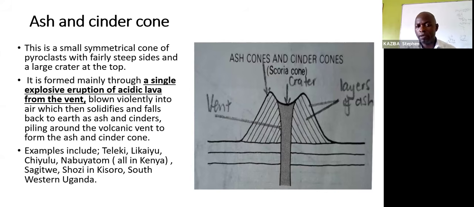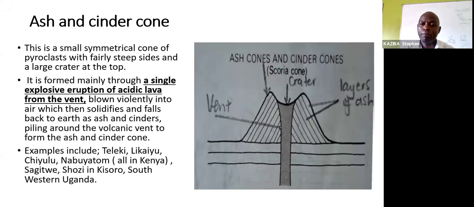Nature of passage, vent. Number of eruptions, single. Nature of eruption, explosive. Nature of material, acidic lava. And it is blown out violently into the air. So the material gets out of the ground into the air, then it comes back and piles around the vent to form ash and cinder cones.